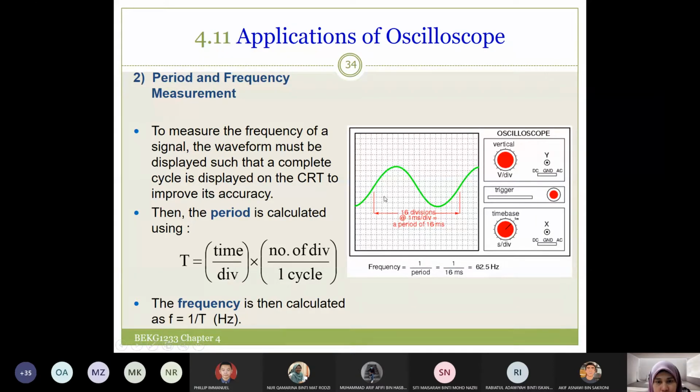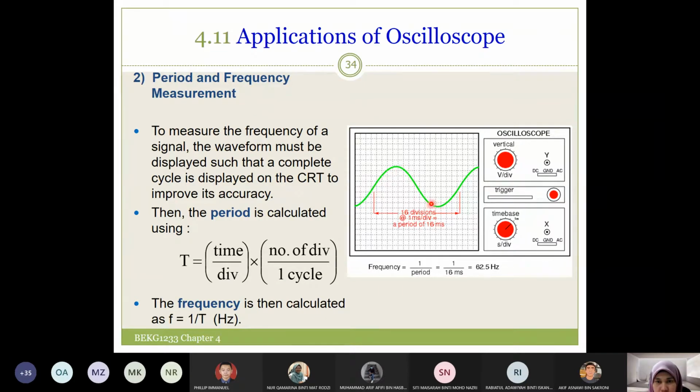So one cycle can be considered as from 0 until 0. Okay, so from here until here, or from peak to peak, or from the bottom peak to the bottom again.